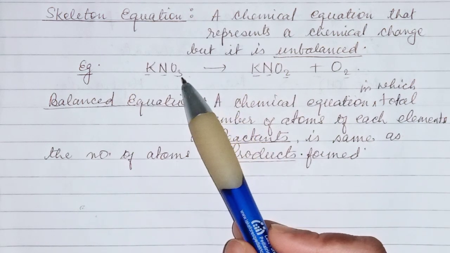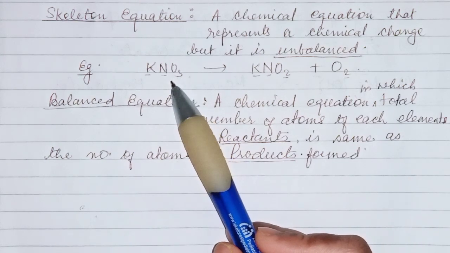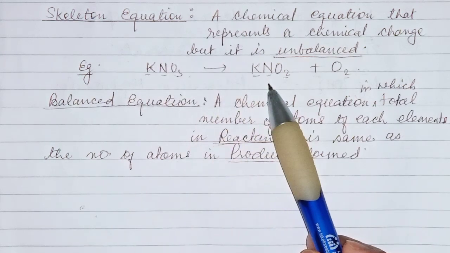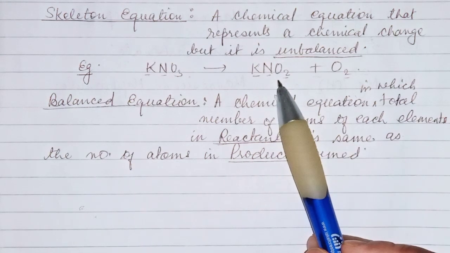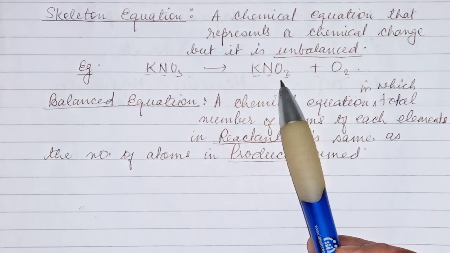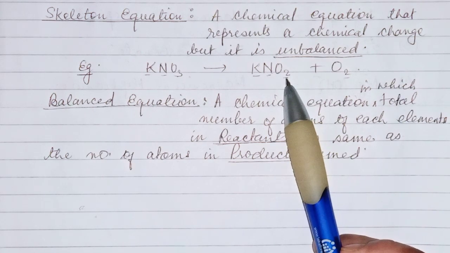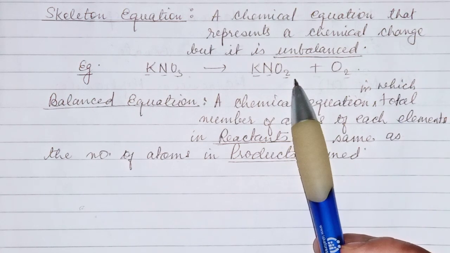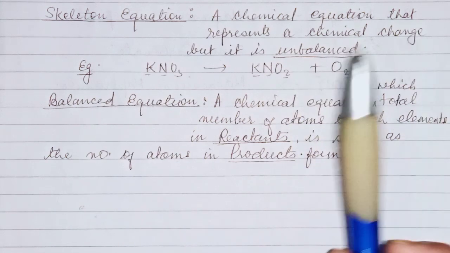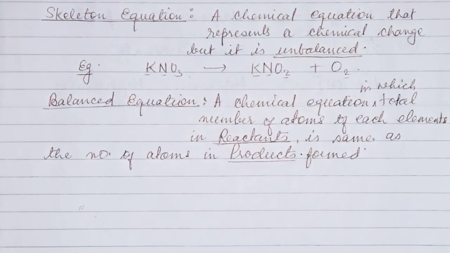That means whatever mass is before the reaction must be equal to the mass of the product formed after the reaction. That's why we do balancing, to follow the law of conservation of mass. That's why we need balancing of an equation.